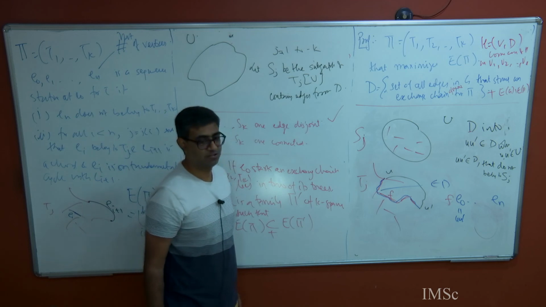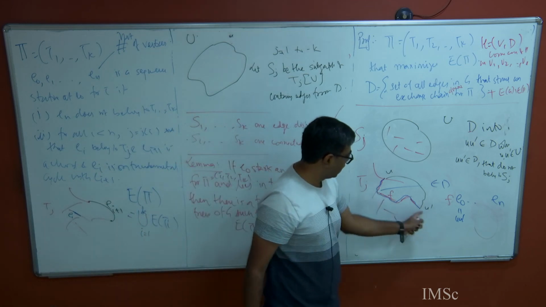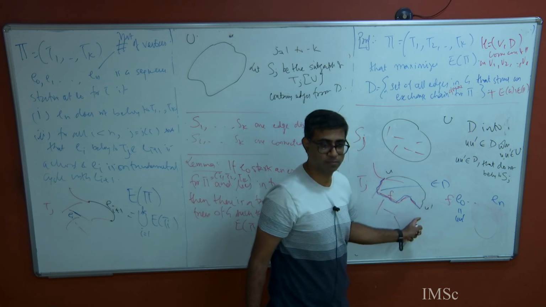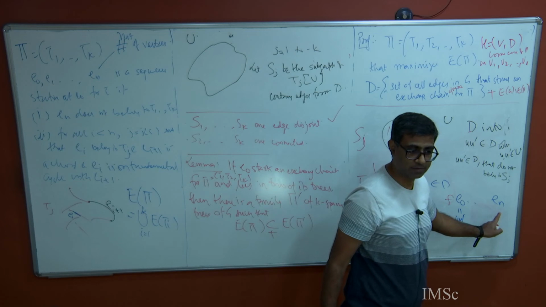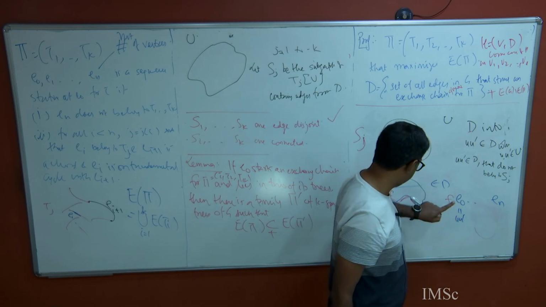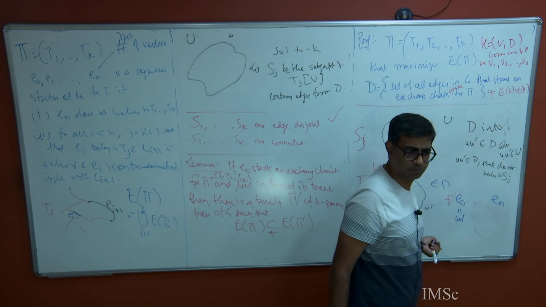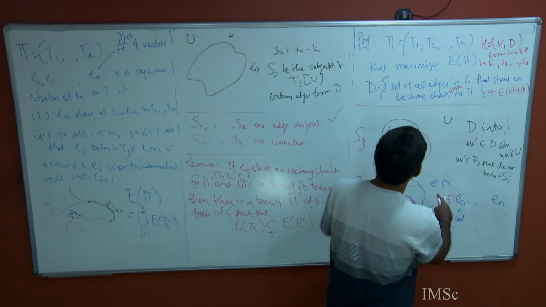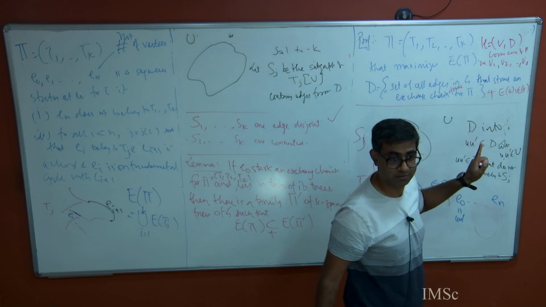This is also an exchange chain starting at any edge f on this path. Why? Because every other property is anyway satisfied, right? Now for f, the last guy does not belong to any of these spanning trees by definition, right?